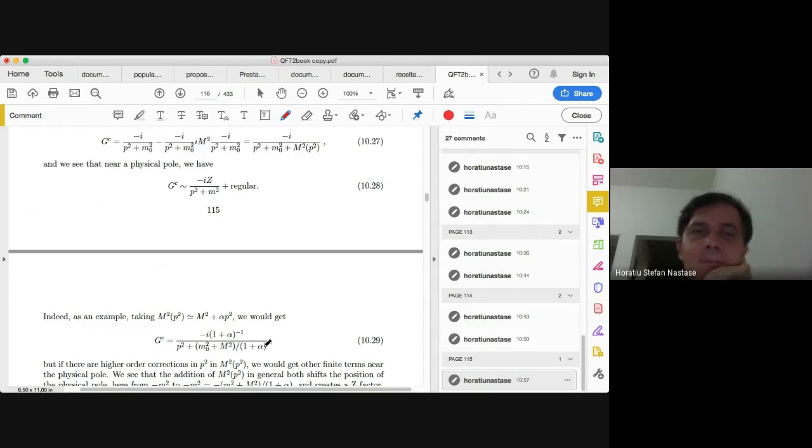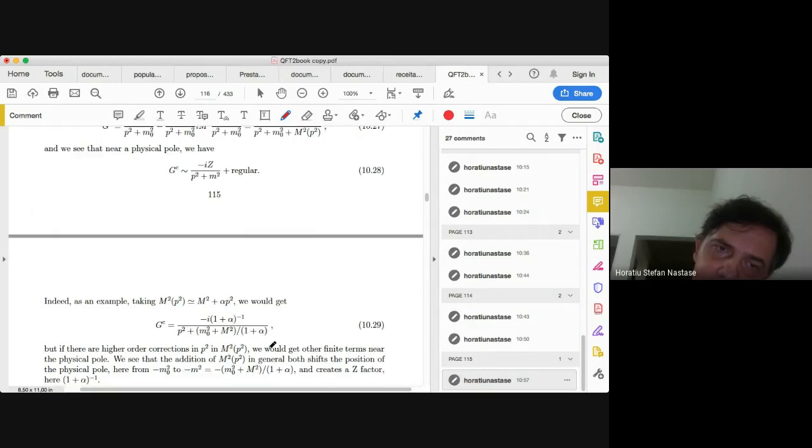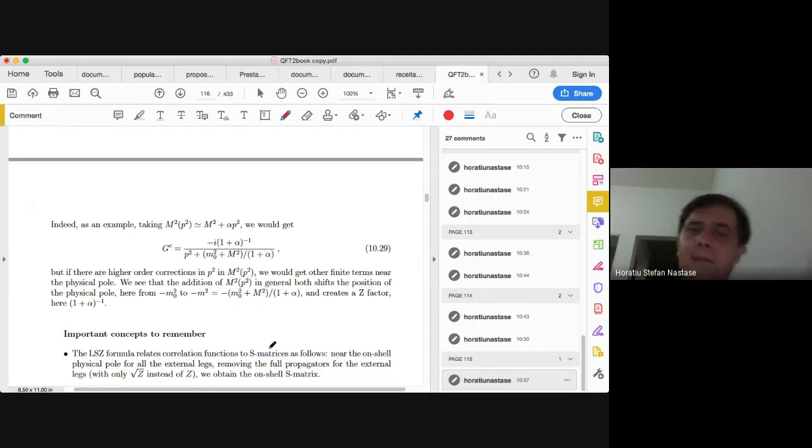So you see that in this case I define this z, this wave function renormalization factor, to be 1 plus alpha to the minus 1, and little m squared, the physical pole, to be m0 squared plus capital M squared over 1 plus alpha. Right?